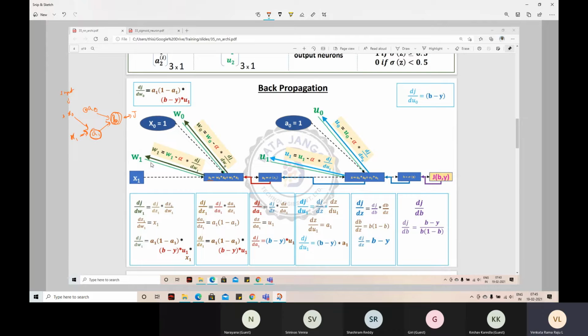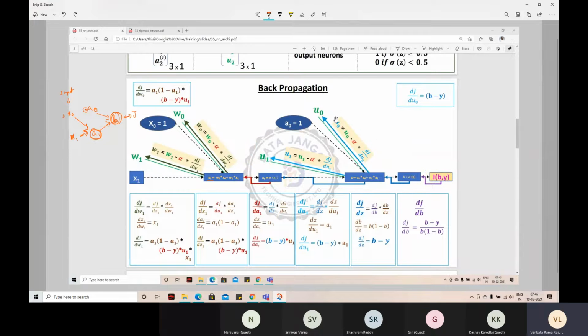If you look at this part, that whole thing is A0. If you look at A1, that whole thing is B.